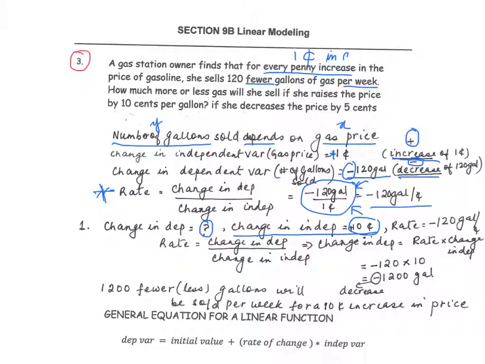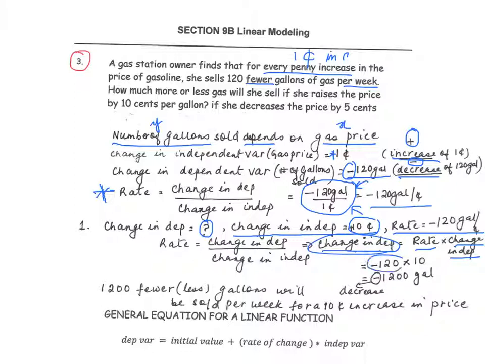And we just figured out the rate of change of the amount of gas sold with respect to the change in price of gas. So plugging in the numbers into the equation, rate times change in the independent variable is equal to the change in the dependent variable, which we're trying to figure out.